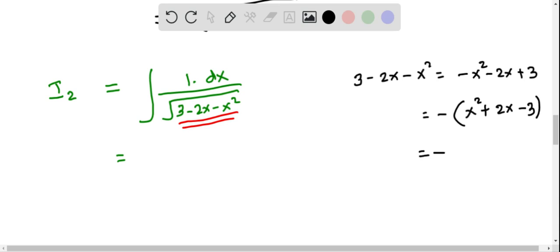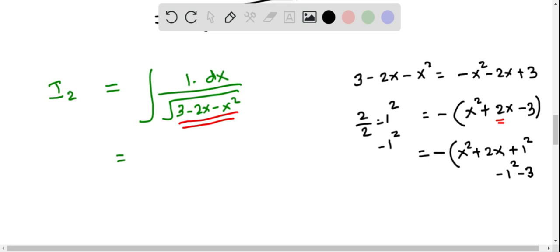When we use completing the square, we have to take half of the coefficient of x, add its square and subtract its square. So let's do that. This will be x squared plus 2x. Half of 2, that is 2 divided by 2, is 1. So we have to add the 1 square and subtract the 1 square. I'm going to put this as plus 1 square minus 1 square, and we already have negative 3, so I put the negative 3 over here.